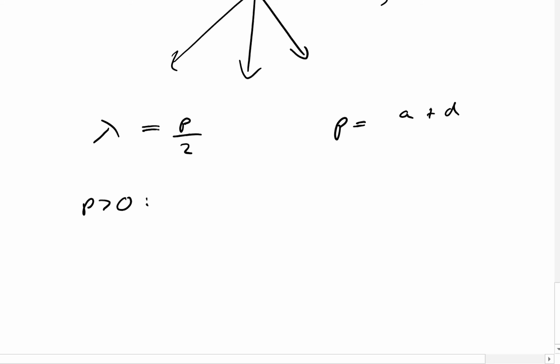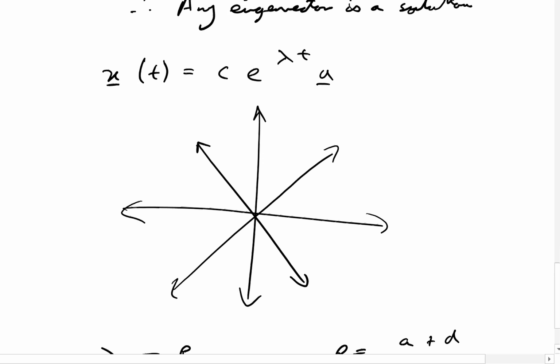So therefore, are you happy that as we go forwards in time, our solution, if you want to consider it like this, okay? As we go forwards in time, we're just getting bigger and bigger and bigger because p is positive. This increases as we go forwards in time because lambda is equal to p over 2.